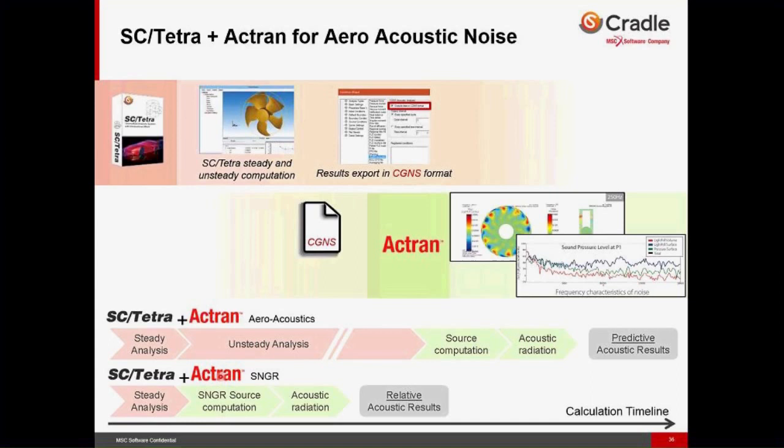Actran has a capability to utilize steady-state simulation from CFD, and using stochastic SNGR, that stands for stochastic noise generation and radiation source. Anyway, using this capability, you can do quick simulation and investigation of acoustics. It might not be so accurate, but when you are going to perform relative comparisons among different design ideas that you have, this method could be very beneficial.